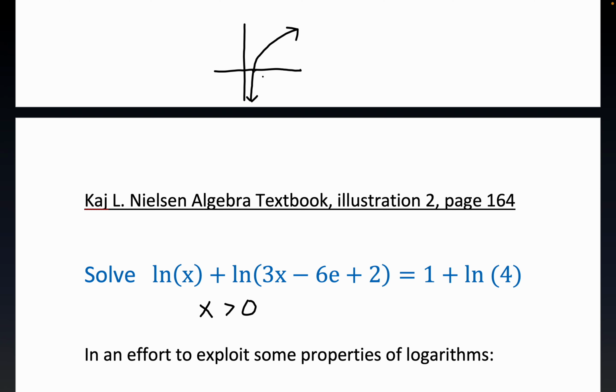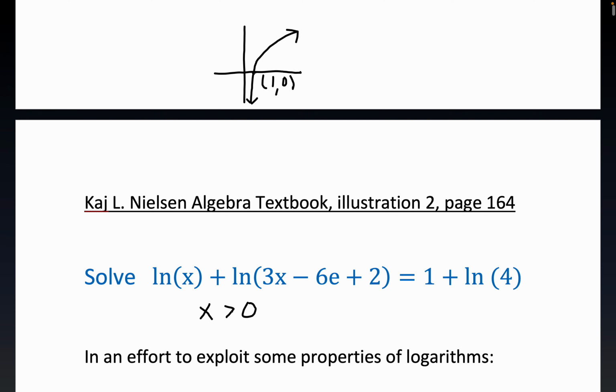That point right there is (1, 0). And just from the graph alone, we know the logarithm function has a positive domain. And right across the line y equals x, you would have the exponential function. So we see this is the inverse of the exponential function also.